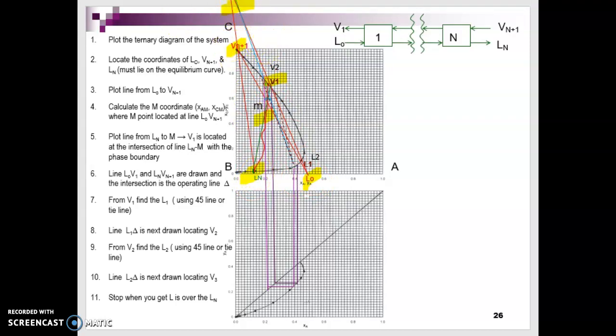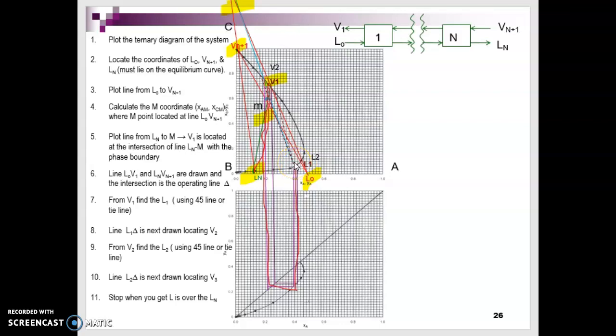After that, you take your V1 here to the bottom, touch the equilibrium to the top, so you will get your L1 here. So this is the complete state of V1 and L1, so one stage.